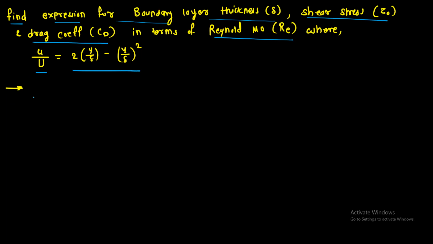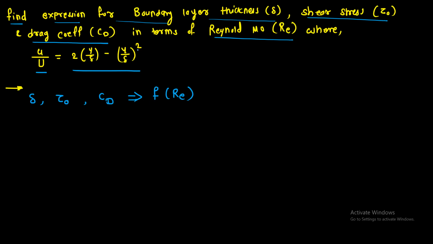Okay, so here we have to find out first the boundary layer thickness, second the shear stress tau 0, third the coefficient of drag, and all this delta, tau 0 and CD, we need this in terms of Reynolds number, that is the Re.